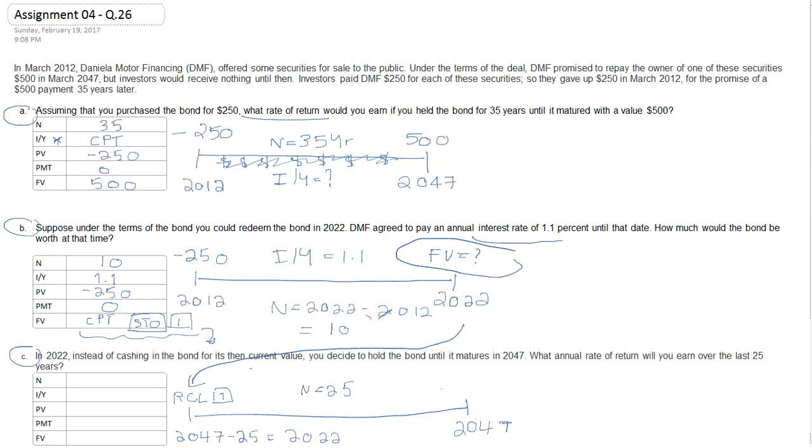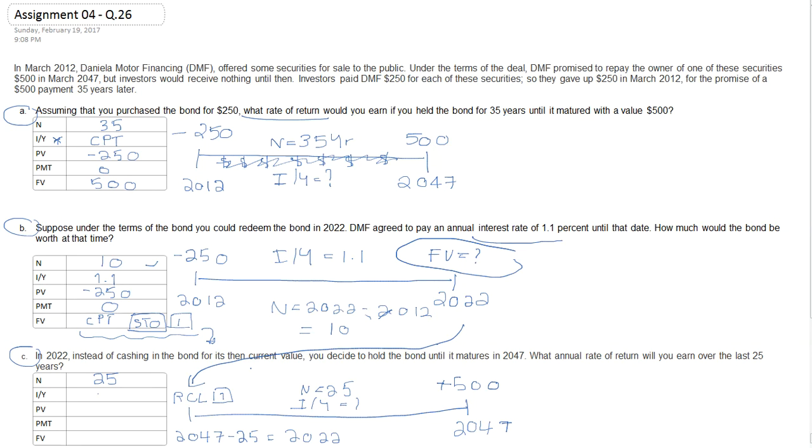What you will cash out from this bond in year 2047 is equal to 500. Anything else we should know here? What we need to find is IY, right? So we put our information in here. N is 25.